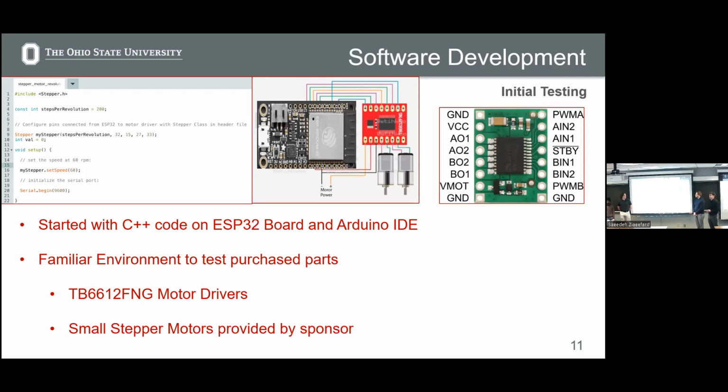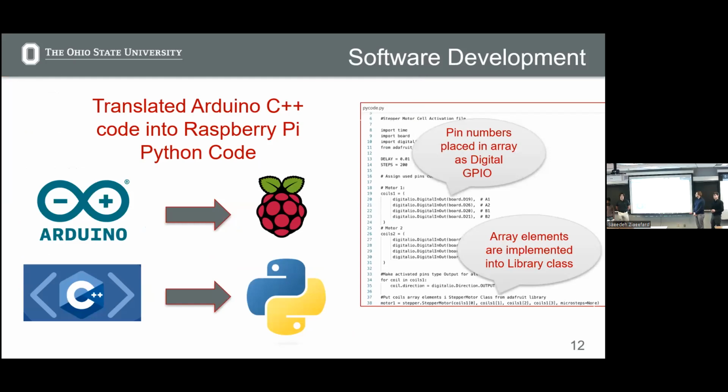And this basically just makes digitally writing to those output pins more standard, so you have more control over how you want to spin those motors so we can get the correct output. And once we knew that the small stepper motor spun, and the H-bridge was powering these, we could translate over to the Pi, get the Pi up and running, because that will be the long-term board that we will use.